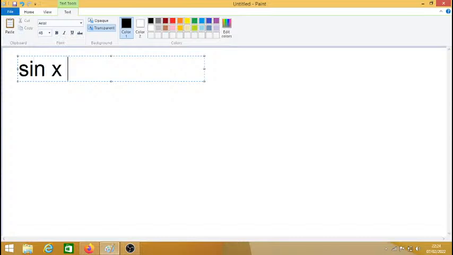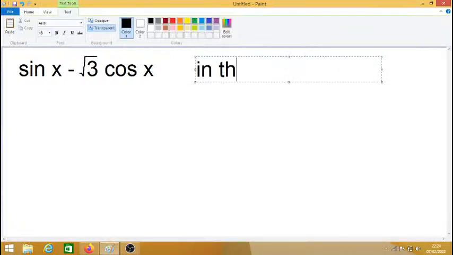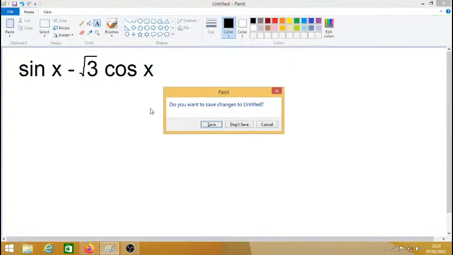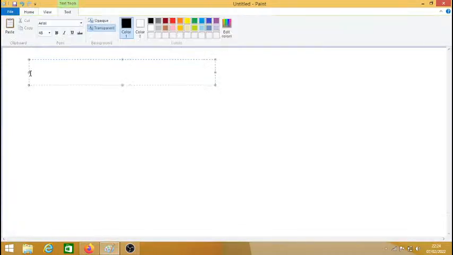Express sine x minus root 3 cos x in the form... I think we've done that one already. Let me go to the right example. So this is example 16.